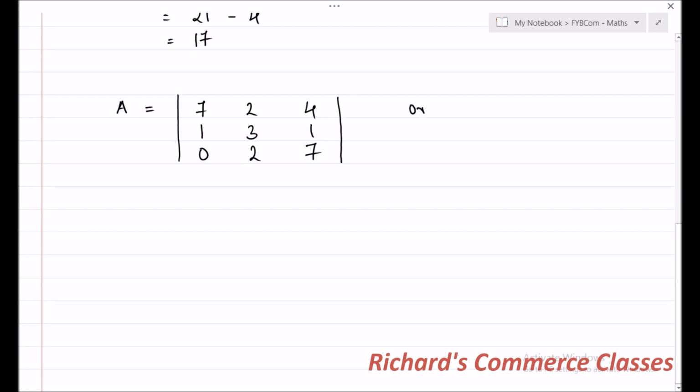Now here the order is 3 by 3. There are 3 rows and 3 columns. Now how to find the value of a determinant when the order is 3 by 3?